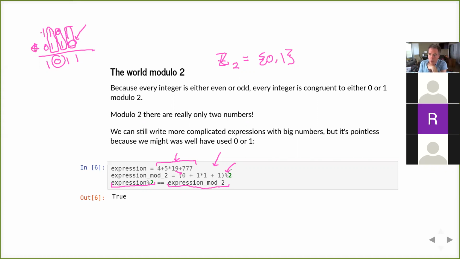And this is important because this second approach for big numbers is enormously more efficient. We're going to be dealing with numbers in cryptography that are thousands of digits long. So if you can reduce those before you start doing arithmetic operations, it speeds things up incredibly.